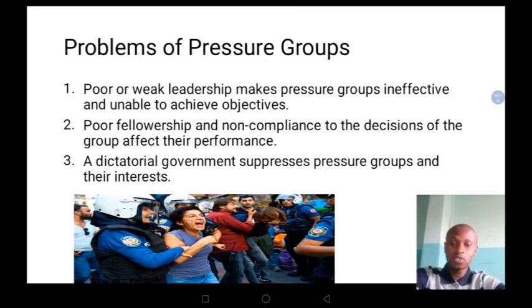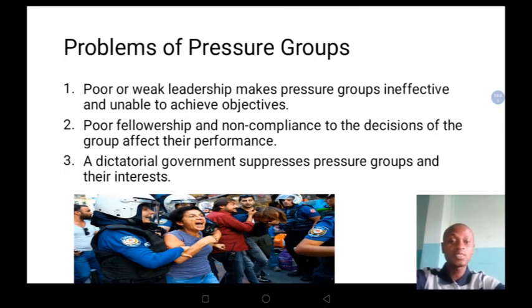So you can see the picture, how people are arrested by the security men. In such a situation, a dictatorial government can use the state apparatus to muzzle the mouth of the people, to intimidate and victimize those who are engaging in peaceful demonstration.